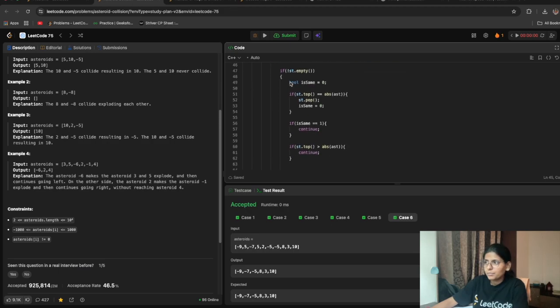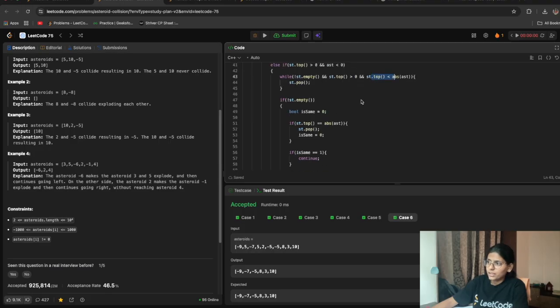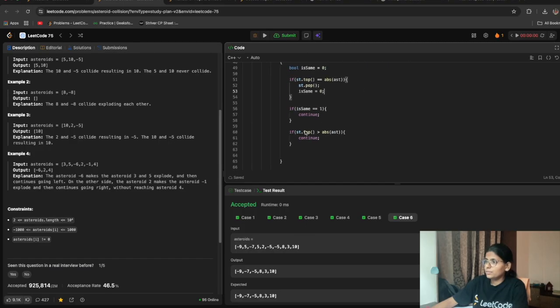If st isn't empty, we check if it is the same. If the asteroid and the top are the same, then we pop out the top and continue. If the top was greater than the absolute value, then also continue because our asteroid will explode. And if it isn't, then we push that asteroid inside our stack.